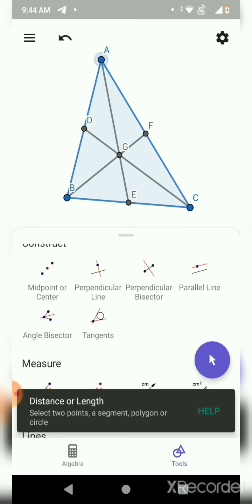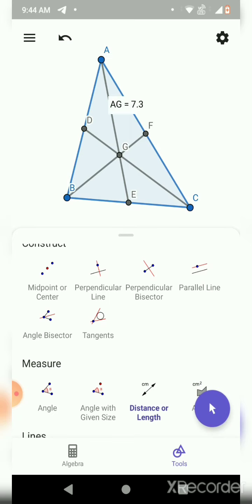So first let's measure. I'm going to first measure the distance of AG. Length of AG is 7.3. Okay, it is 7.3. And now let's measure the distance of GE. It is 3.7. So it is approximately twice of GE. Length of AG is approximately twice the length of GE.